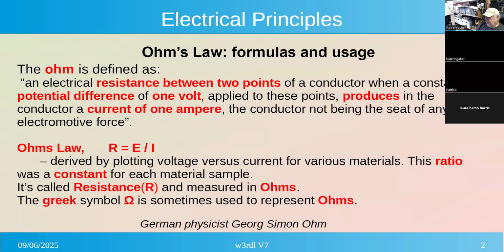And he found out that they all presented a straight line, the slope of the line being the amount of resistance for that material. And like I said, we use that Greek symbol omega a lot of times. It's not on your keyboard, so it's hard to do.